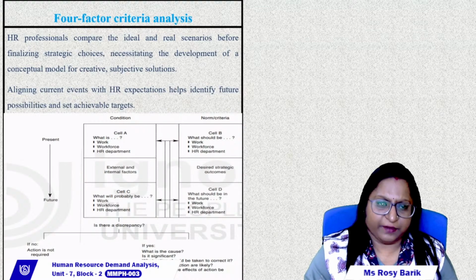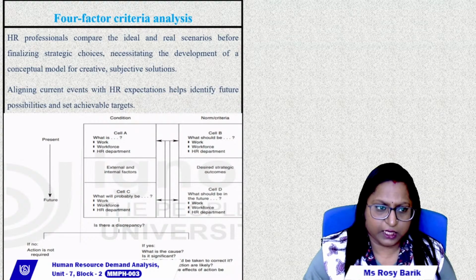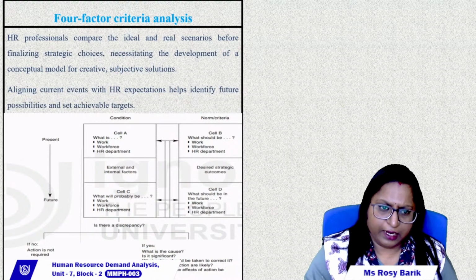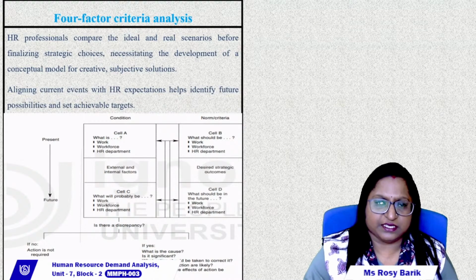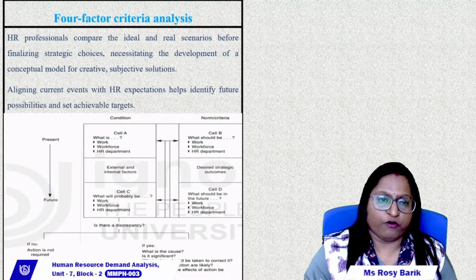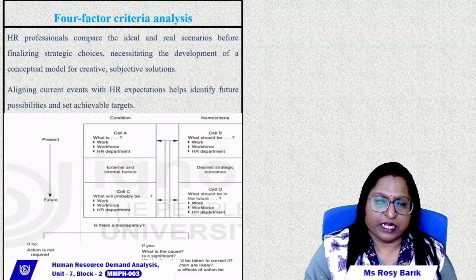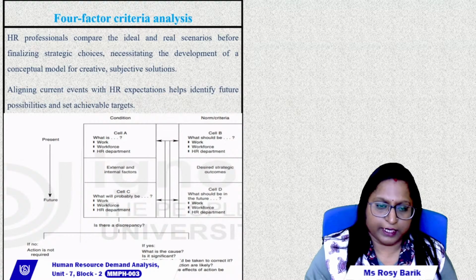Is there any discrepancy in cell C? That means probably we are using. So if no, then action is not required. If there is any discrepancy in the probability of workforce and HR department, we can see what is the cause. Is it significant for the work or for the organization or department?